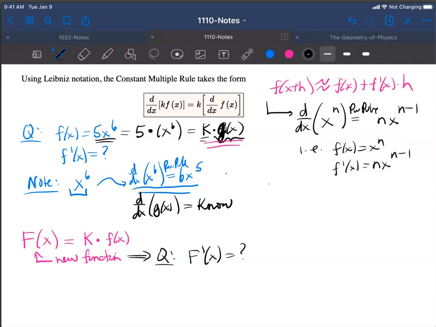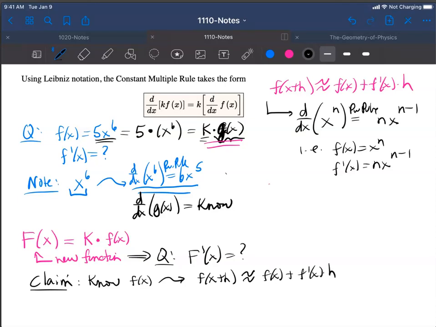Since we know the function little f of x, we know its derivative can be found by computing f of x plus h is approximately f of x plus f prime of x times h, where the derivative is the quantity that shows up in front of the h.